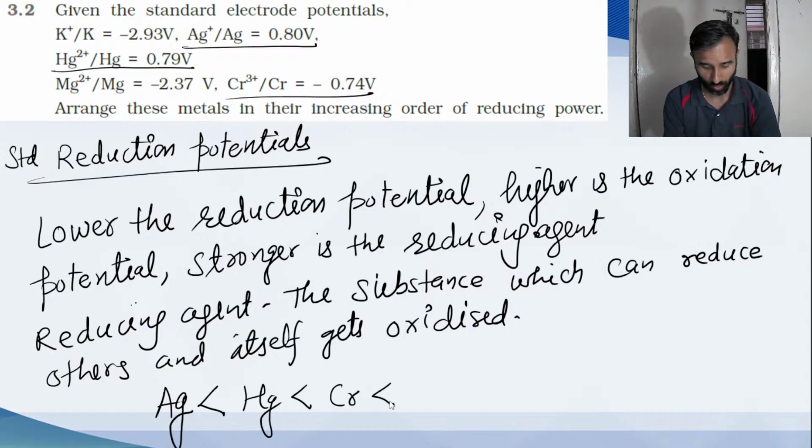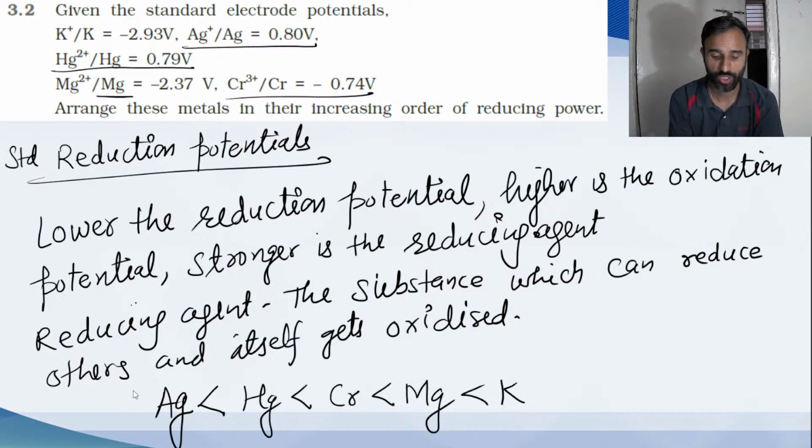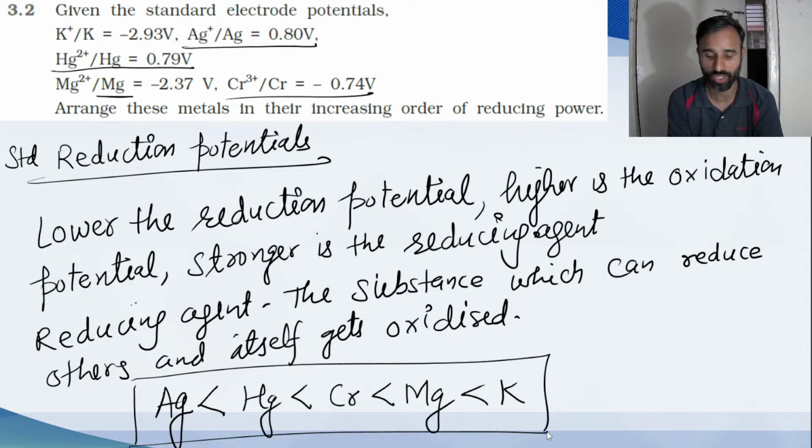So after chromium, it is magnesium, then potassium. Potassium has the highest negative reduction potential. That means it has a minimum reduction potential, so it is the strongest reducing agent. This is the order of reducing nature. Then answer if you are able to answer it.